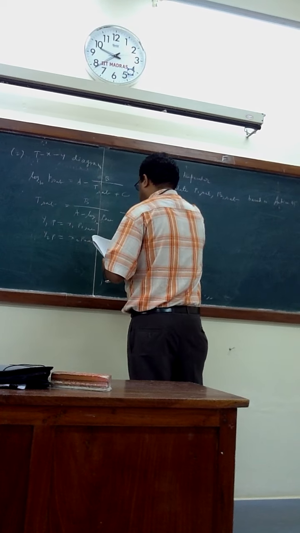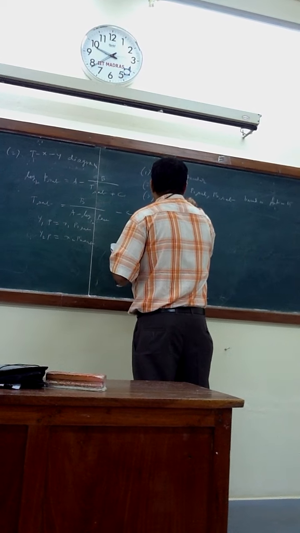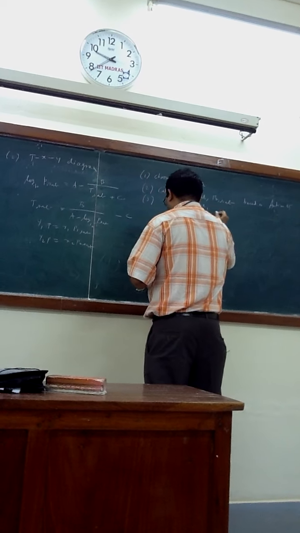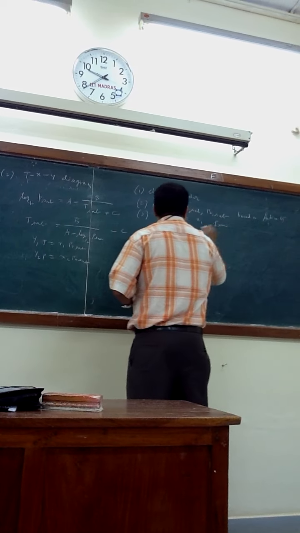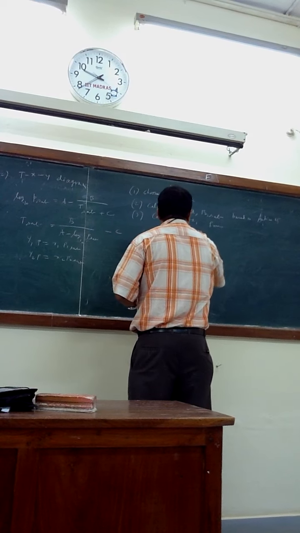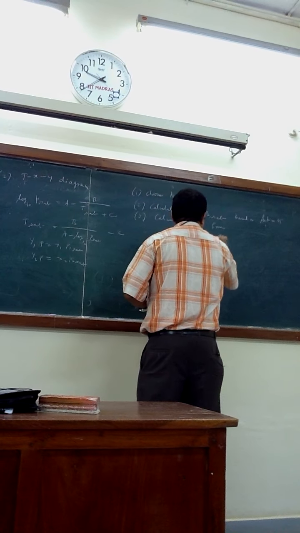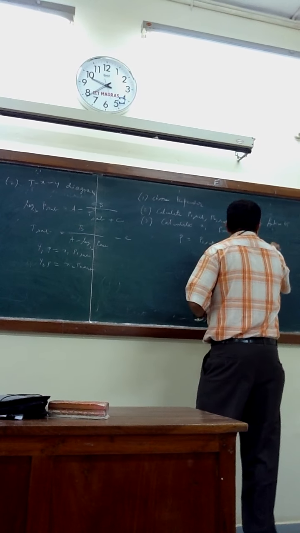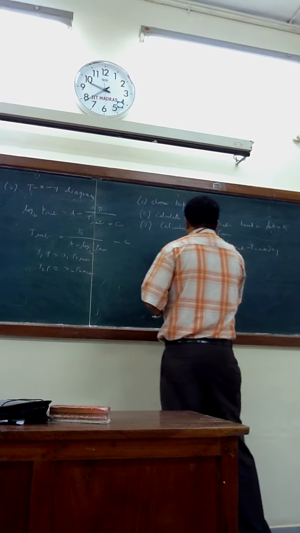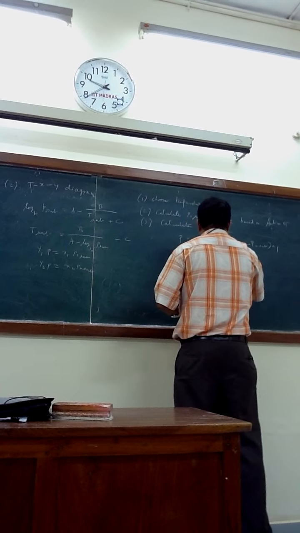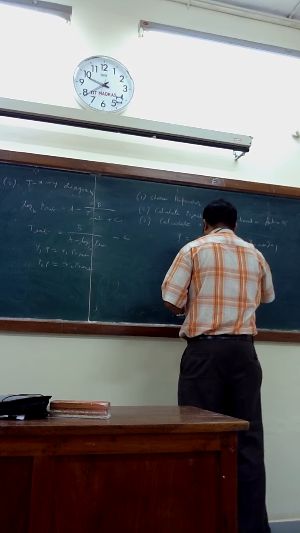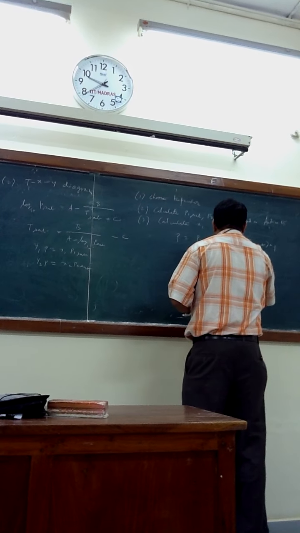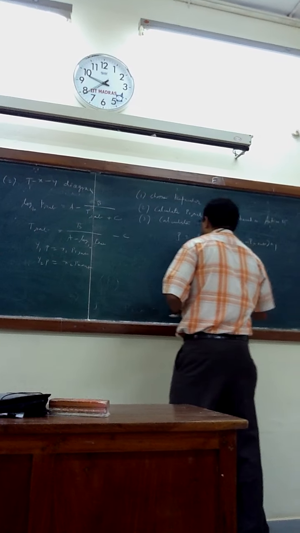Number 3, calculate X1 from the following equation: P equals P2 sat plus (P1 sat minus P2 sat) X1, so X1 is (P minus P2 sat) by (P1 sat minus P2 sat).